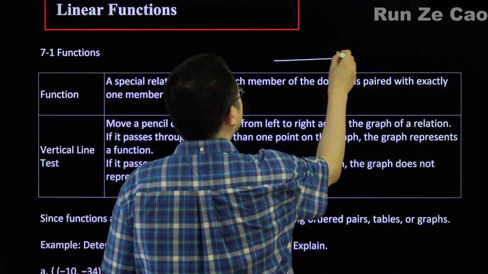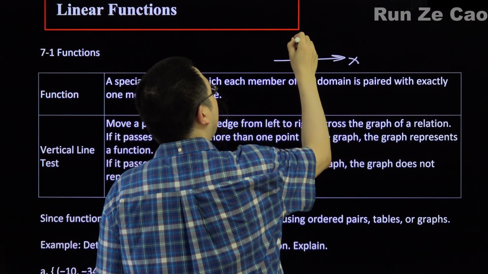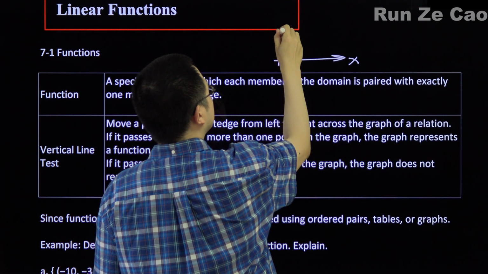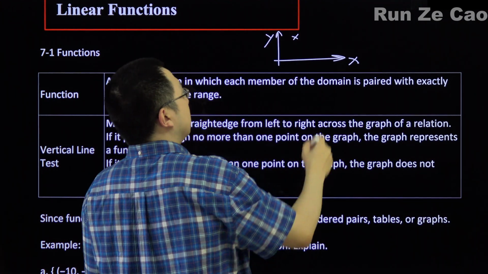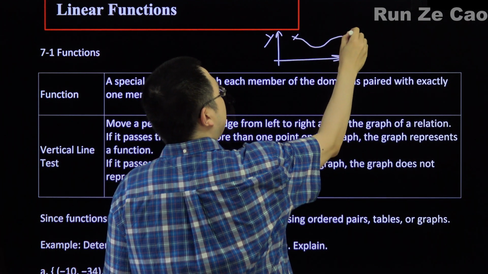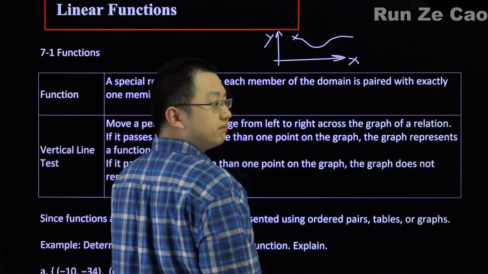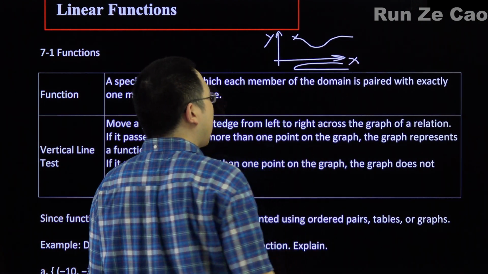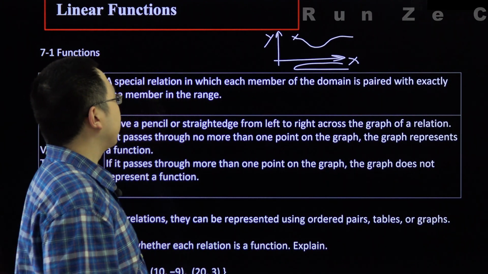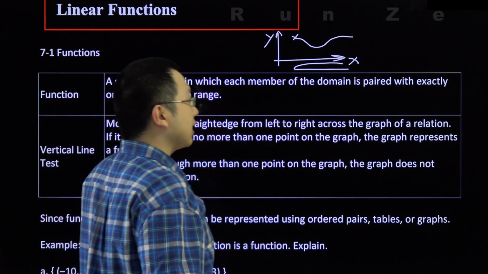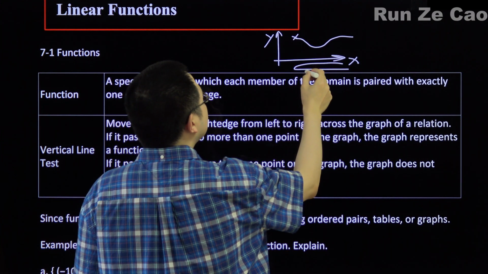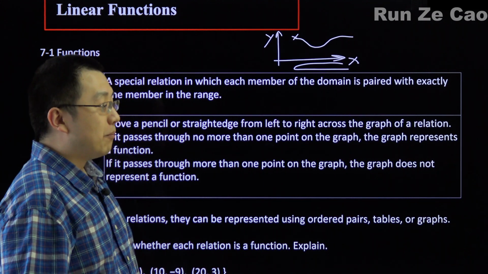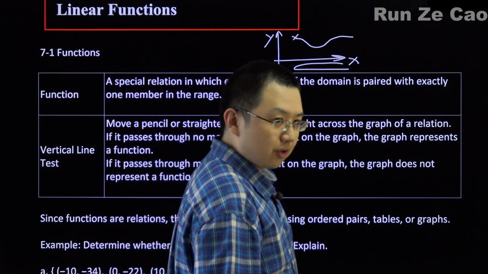So in other words, if you specify an x coordinate, you have one and only one value for your y coordinate. This, for example, could be a function, this line. But this sideways parabola, yeah, well, it's not much of a parabola, but this one cannot be, because for some domains, well, okay, a lot of domain members, it has multiple range values.